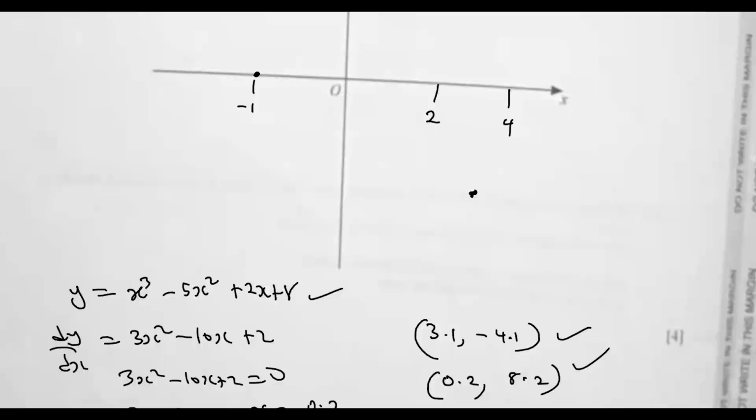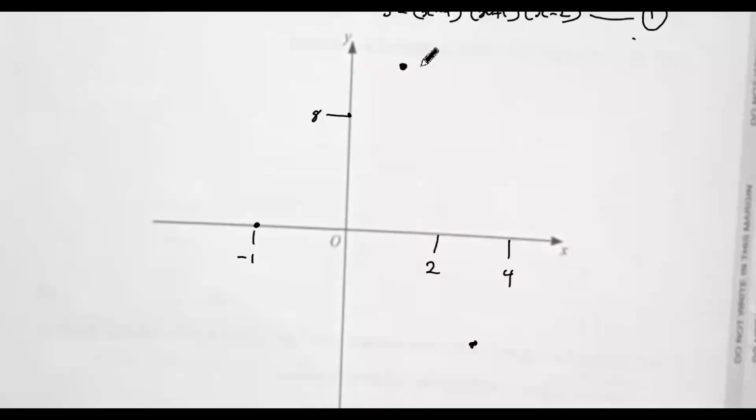So the next thing we need to do is to find the behavior of the curve before and after each of these points. To do that, we need the second derivative. We are sure that the curve will cut -1, 2, and 4.